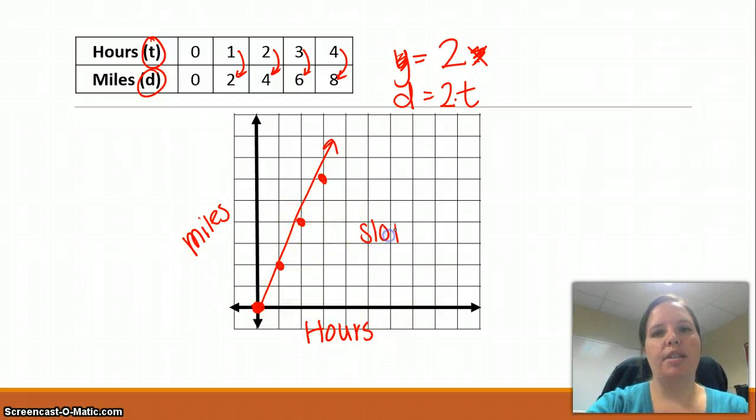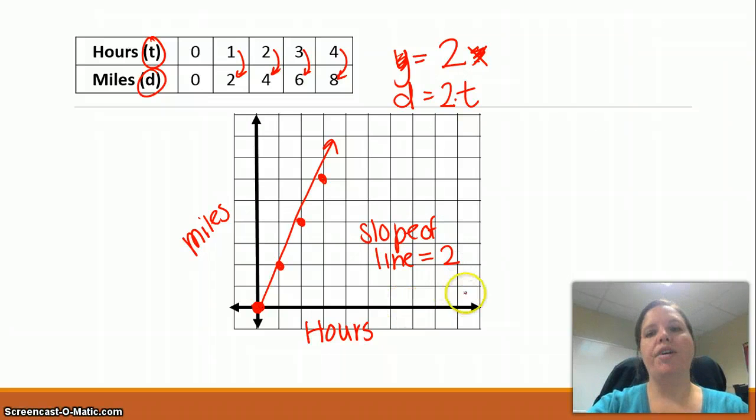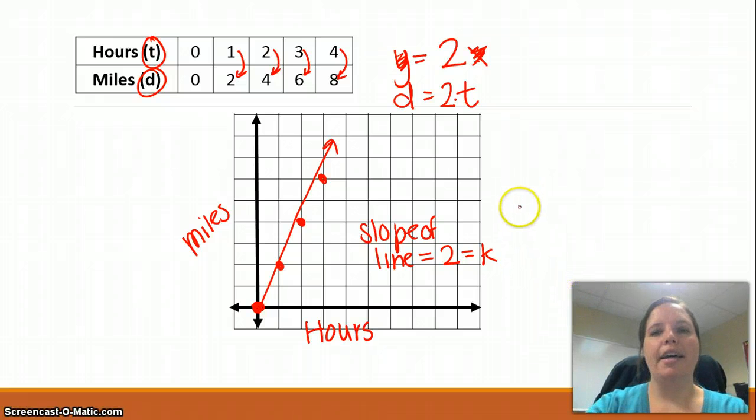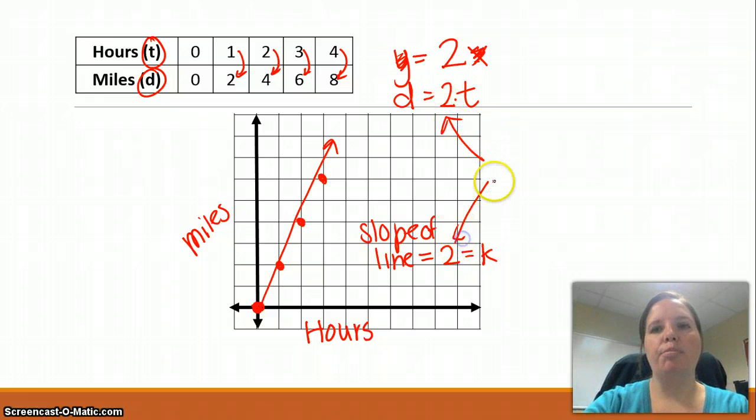Well, the slope of this line is 2. The constant of variation is also 2. But what does that 2 actually represent? It represents the speed or the rate.